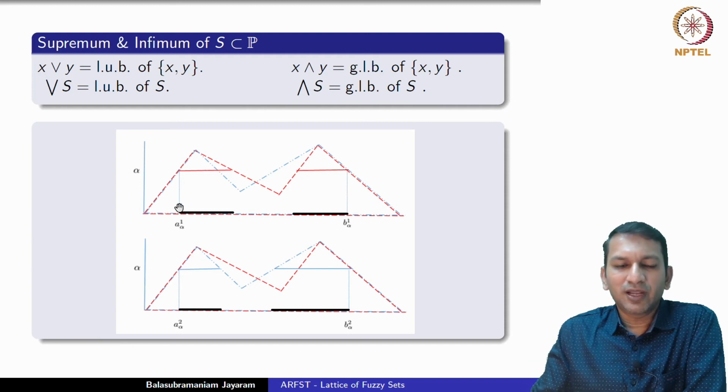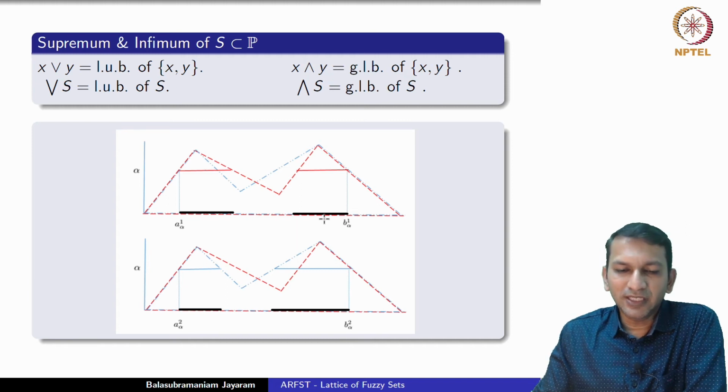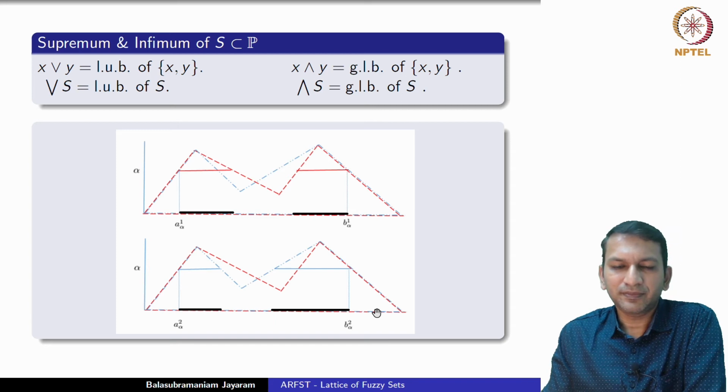So for a particular alpha, the alpha cut for this fuzzy set A1 is union of these two intervals, and for the same alpha, the alpha cut of the blue curve, the second fuzzy set, is given by the union of these two disjoint intervals. We will see that even though these two intervals are different, the infimum of these two intervals is essentially the same, the left endpoints of the interval, and the supremum of these two intervals is the right endpoint of these two intervals, which are identical.